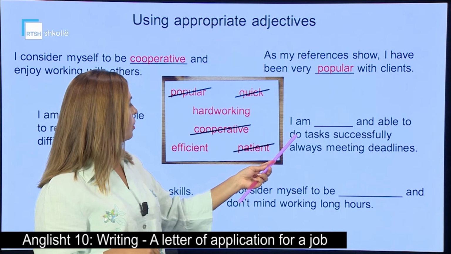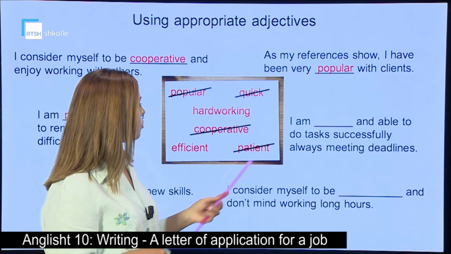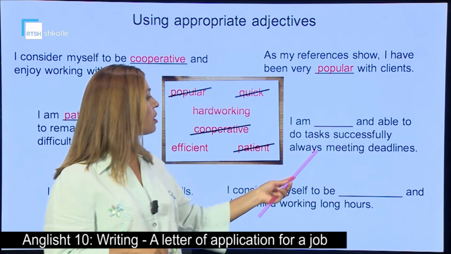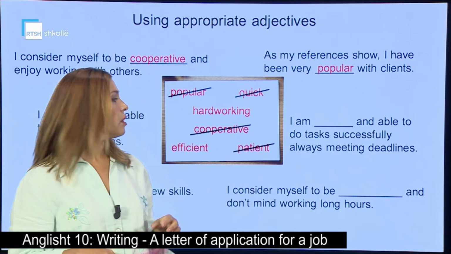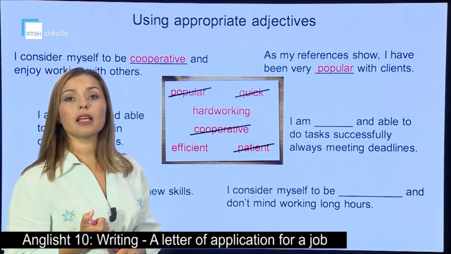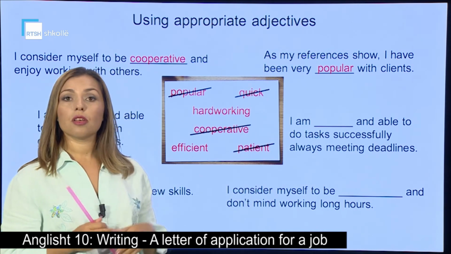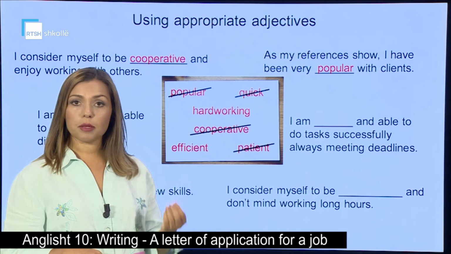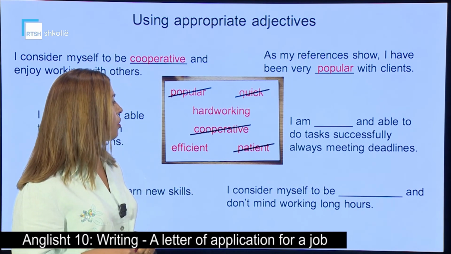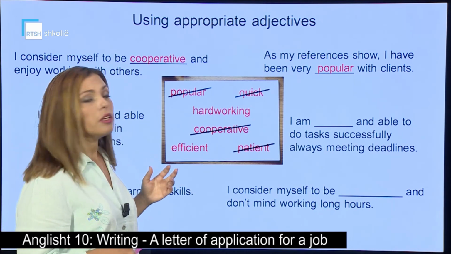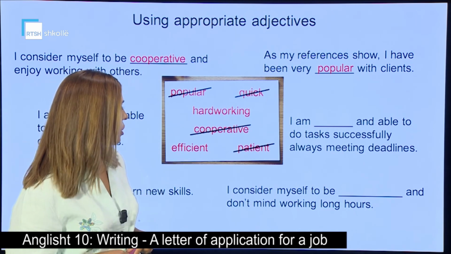I am efficient. Take a look at what has remained. And able to do tasks successfully. Always meeting deadlines. So always on time. And you do the tasks very successfully. That means that you are efficient. You are an efficient person.